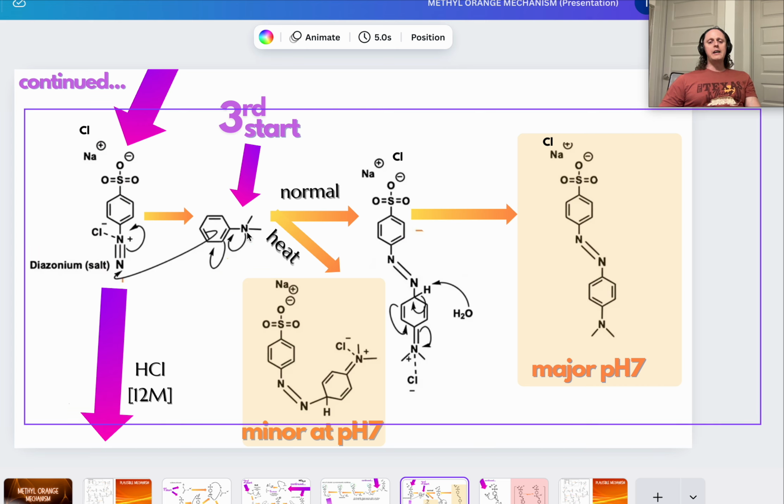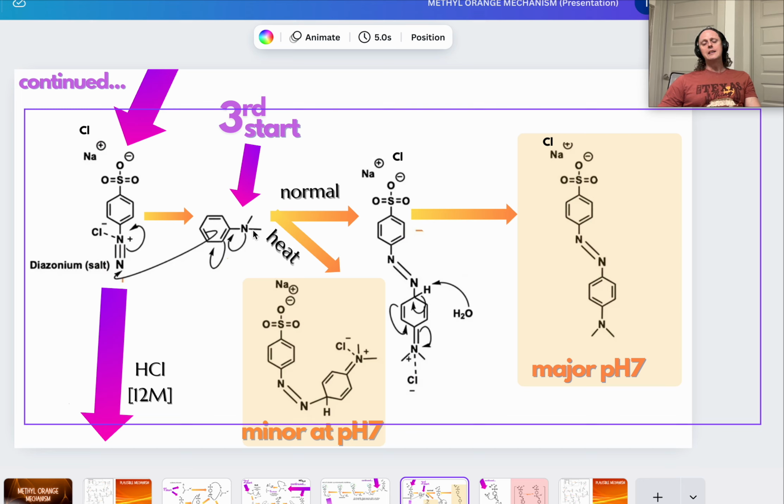So this dimethyl aniline shifts its electron density down to the ring, and it's from the ring that the attack happens to the diazonium group. This is our final attachment. This is our final step for the product.